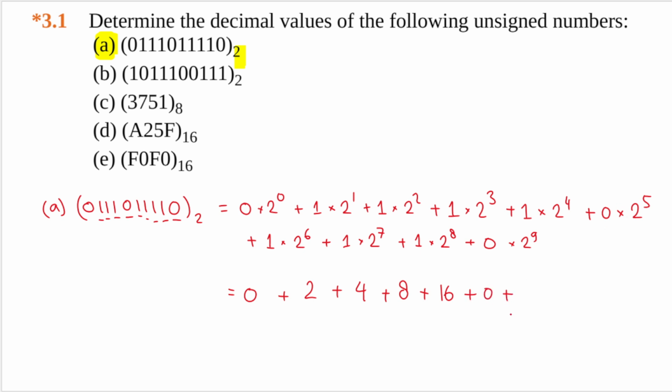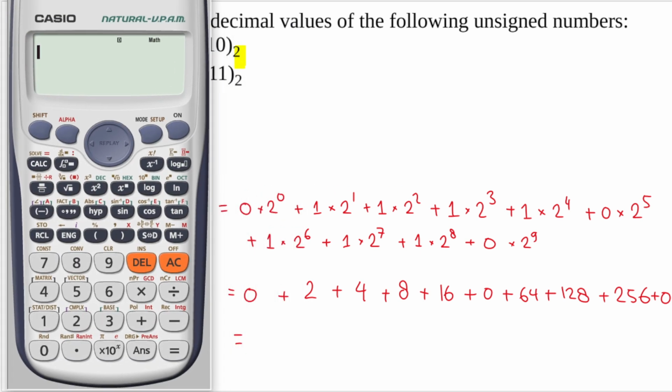Good. Then this one, 2 to the 6 is 64. So I will have 64 here. And 2 to the 7 is 128. And then 2 to the 8 is 256. And this one will be 0. Good. I think I'm too lazy to calculate all of this manually. Let's just use calculator.